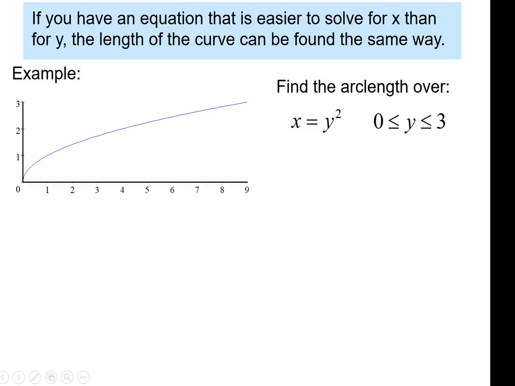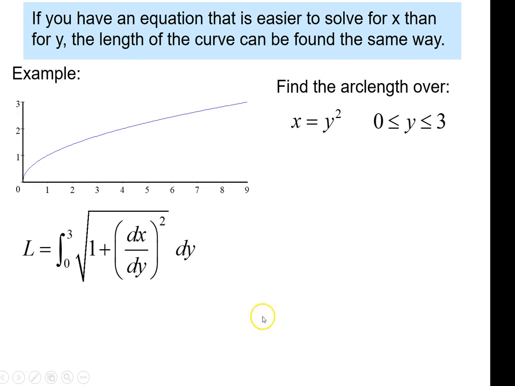Okay, if we have an equation, it's sometimes easier to solve for x instead of solving for y. We can use the same thing. There's nothing special we have to do for arc length. We just use y instead of x. We change the variable. So for example, find the arc length of the function x equals y squared from y equals 0 to 3. So we basically want the length of this curve just going from 0 to 3 for the y values this time.